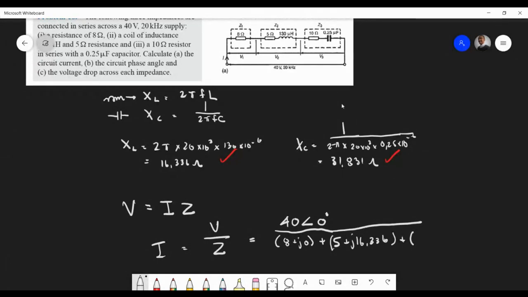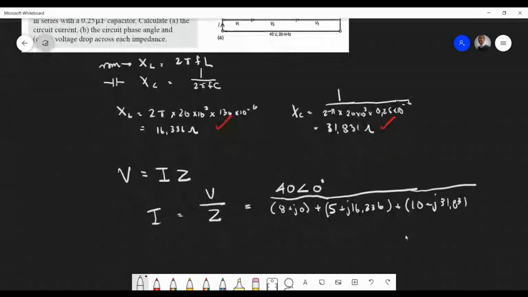And then the last one would be 10 plus, oh sorry, not plus, it's negative because it's a capacitor. So it's minus J 31,831. And this is what I mean. All you have to do now is put this in the calculator and you can get the total current. So I recommend you do that quickly and give me the total current.